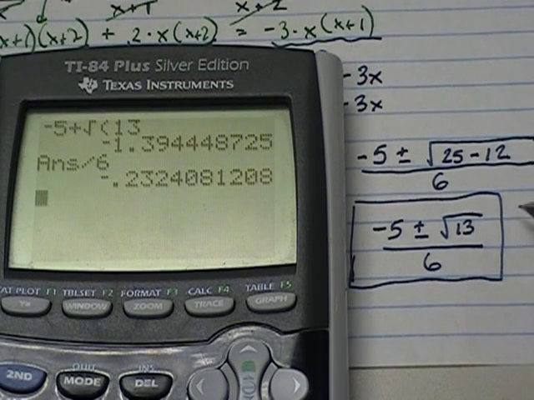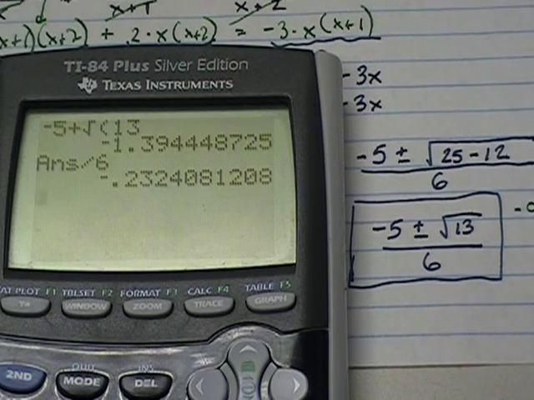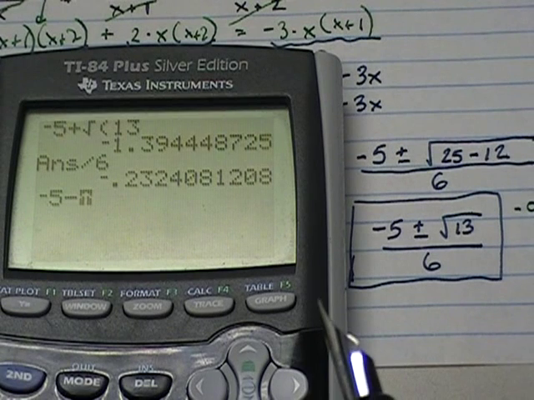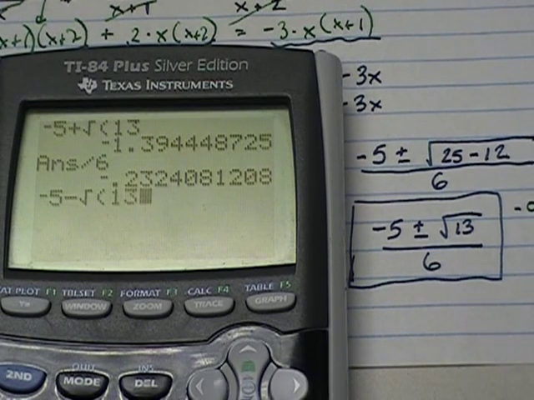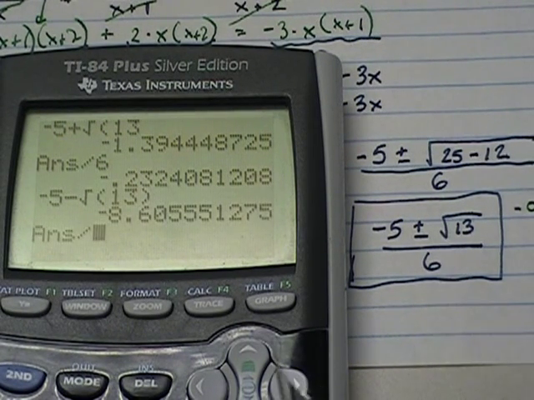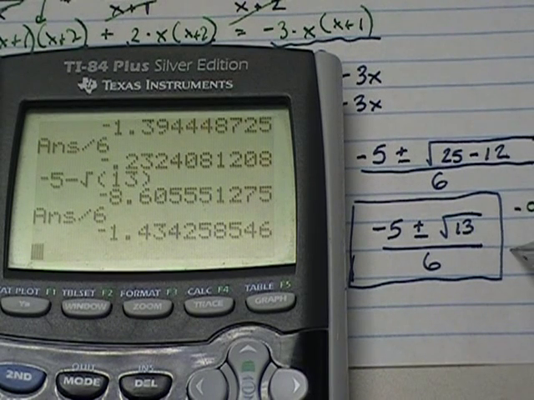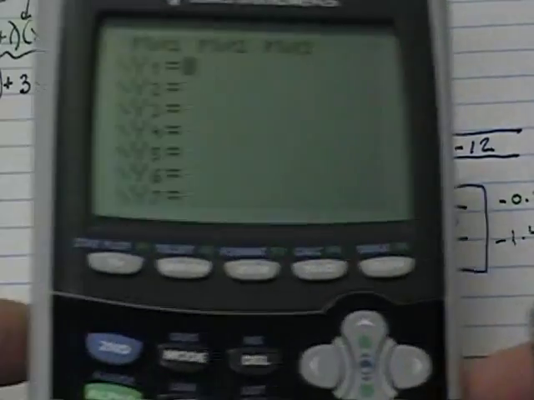And I get, and I'm going to write these down, negative 0.2324. Then I say negative 5 minus the square root of 13 divided by 6, and I get negative 1.434.